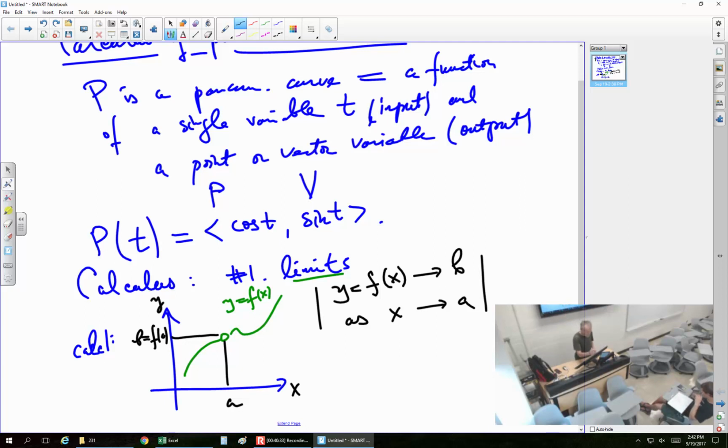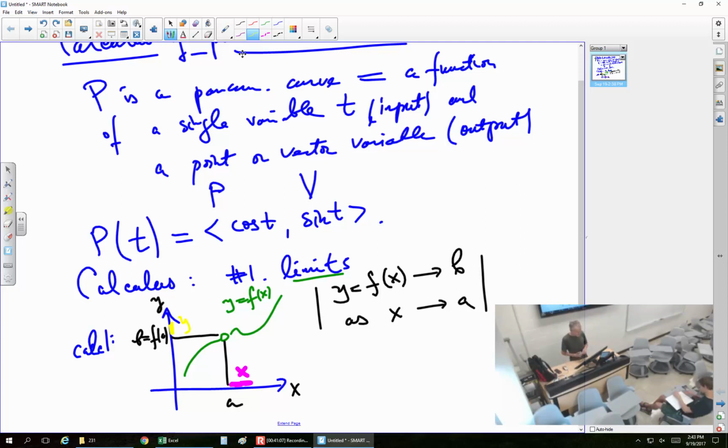Say x is here somewhere. x is approaching a from the left, or right, or left and right simultaneously. At the same time x is controlling y, and this is what's happening to y: y is approaching b. So that's what we said in Calculus 1.